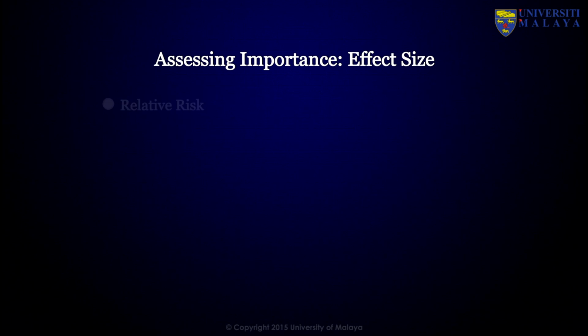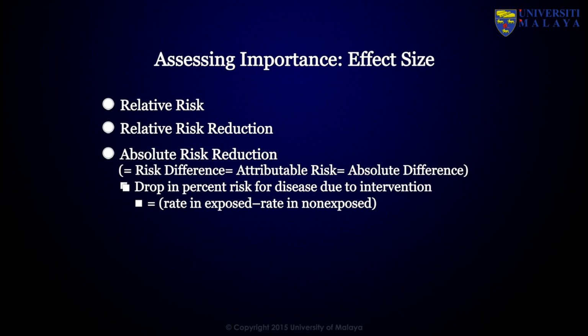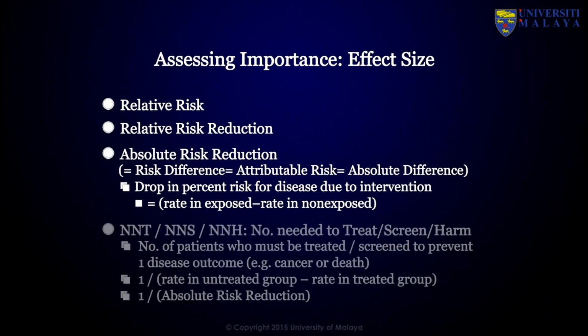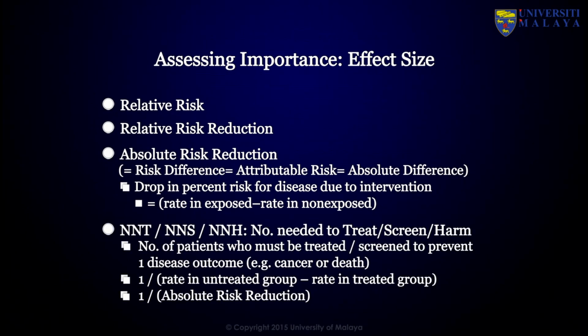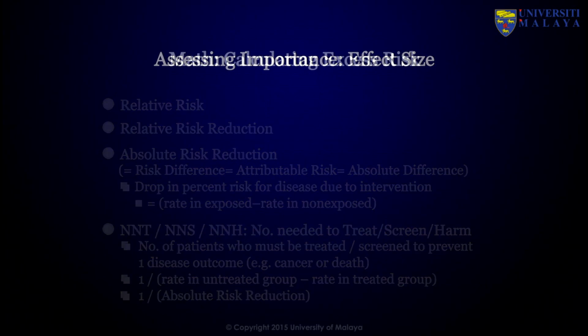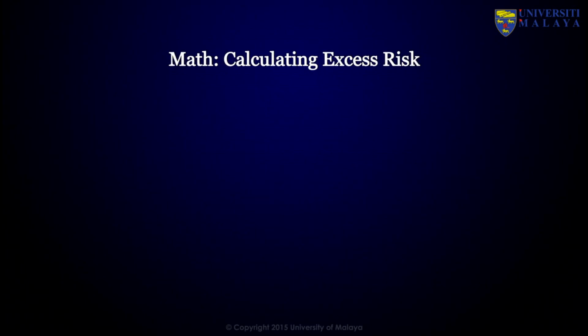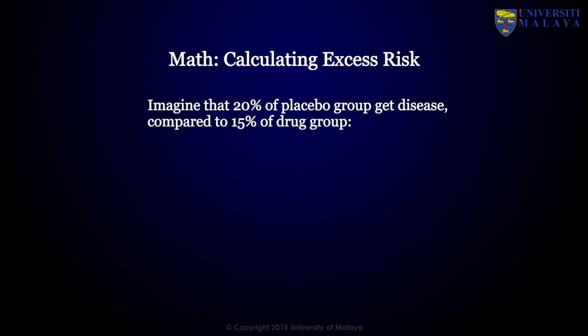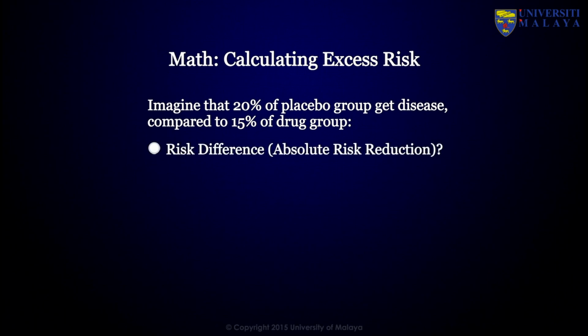We can measure relative risk reduction, absolute risk reduction, number needed to treat, or number needed to screen or harm. Example of the calculation. Imagine that 20% of the placebo group get the disease compared to 15% of the drug group. The risk difference or absolute risk reduction is 0.2 minus 0.15, equal to 0.05.